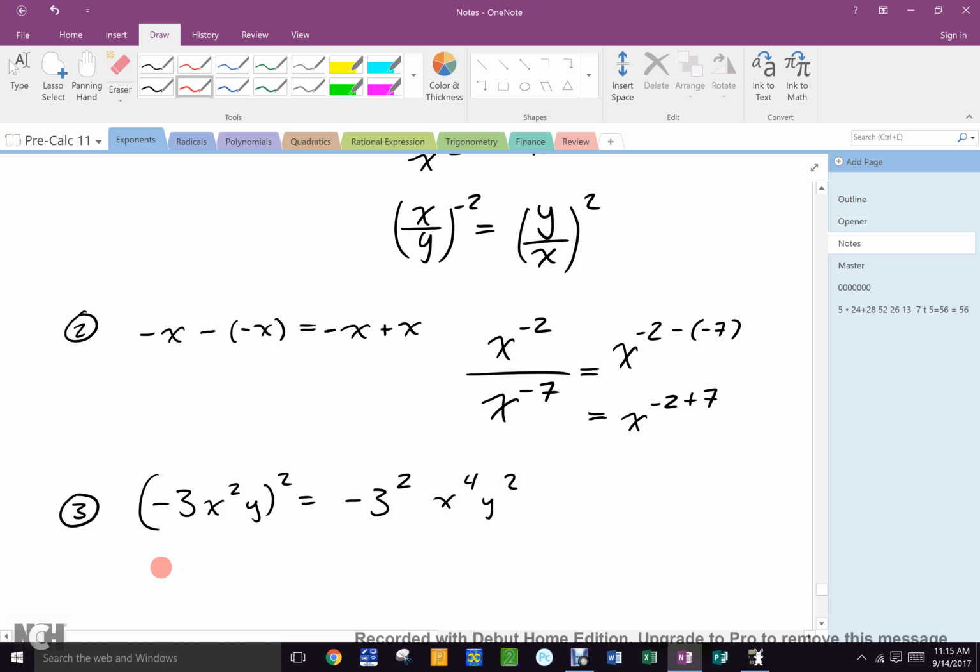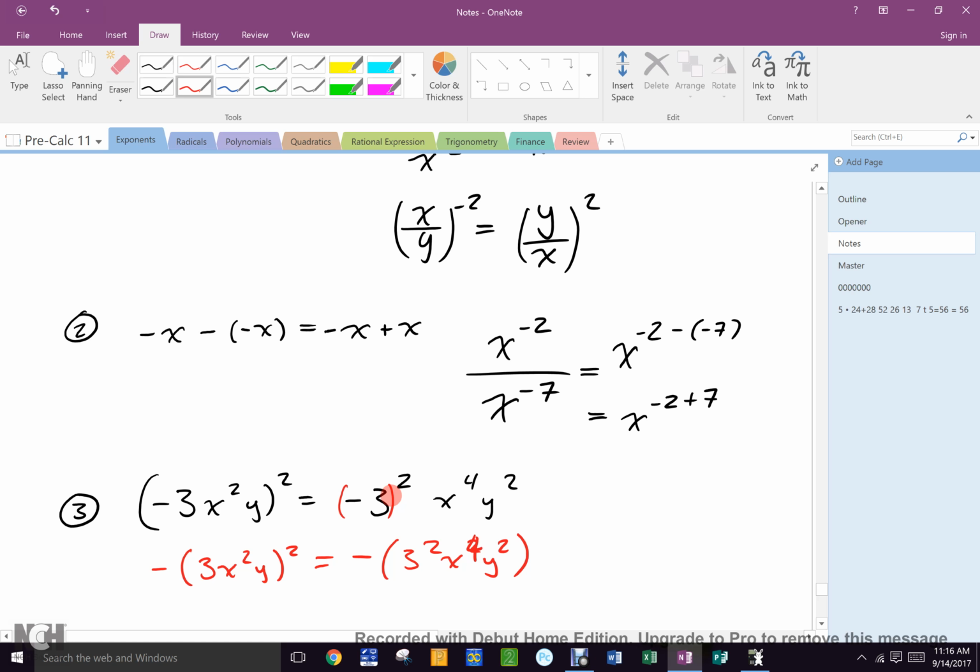But negative 3x squared y squared is negative 3 squared x to the 4 y squared. The negative is outside, so it comes back in. Whereas this one, that negative 3 is going to become positive 9.